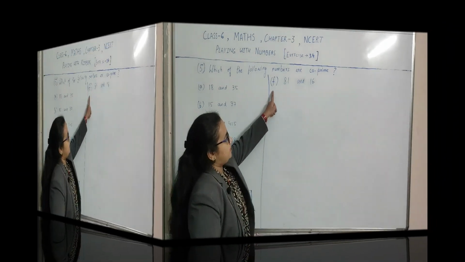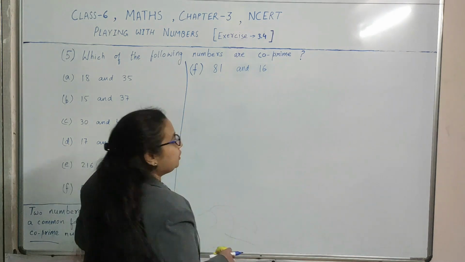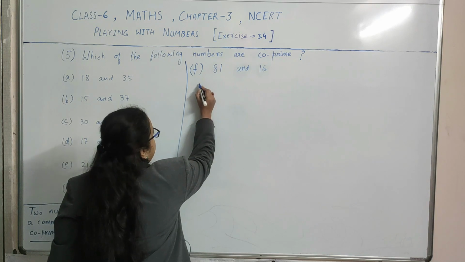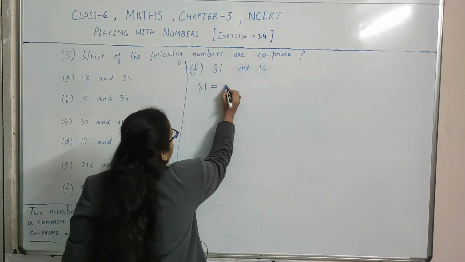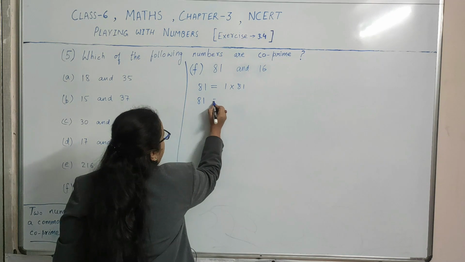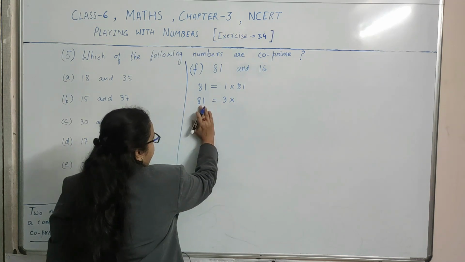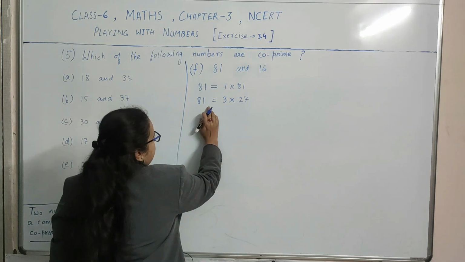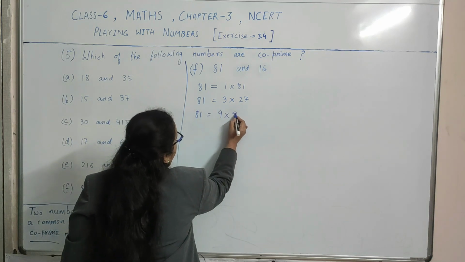Understood? Now let us do question number F. 81 and 16, whether they are coprime or not. Okay, so we have to find the factors of 81 and 16. How can 81 be represented? 1 times 81 is 81. Again, 81 is equal to 3 times 27, it comes in the 3 table. Now 81 is equal to 9 multiplied by 9.